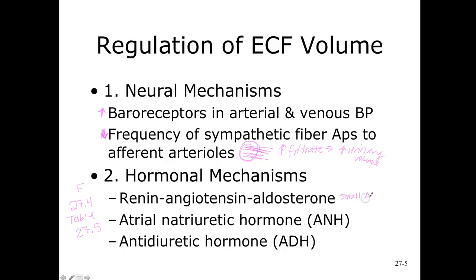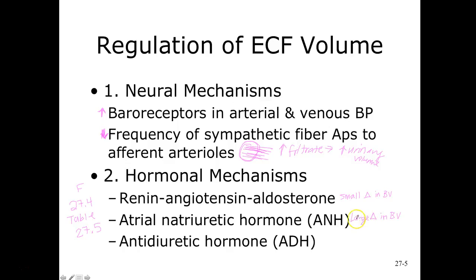I'm going to use my triangle for changes. Small changes in blood volume. Okay, so these are kind of those micromanagers you can think of. And then our atrial natriuretic hormone, that is going to be in charge of more large-scale changes. Large change in blood volume. And that makes sense, right?